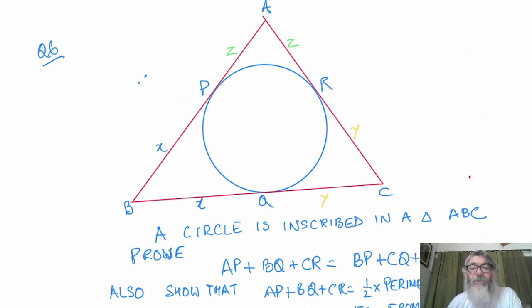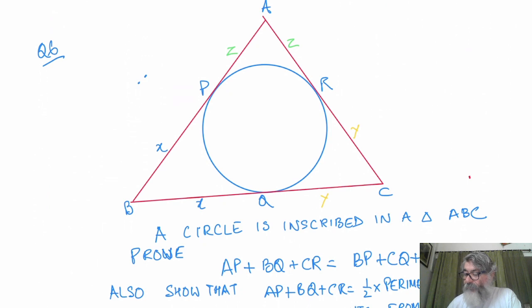Again, we have used the same property as in the previous theorem, that two tangents drawn from an exterior point to the circle will be of equal length. BQ will be BP, because B is an exterior point. From point B I am drawing two tangents, BQ and BP, to this circle, so both tangents will be of equal length.